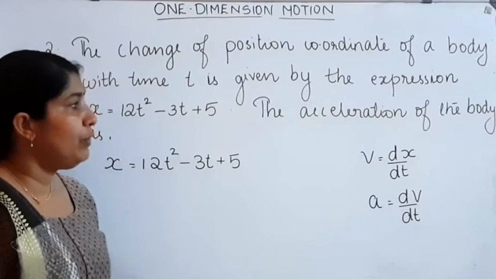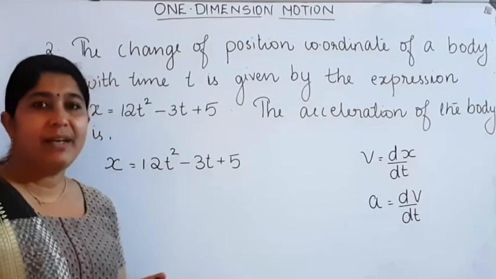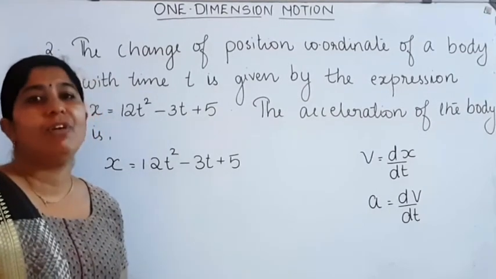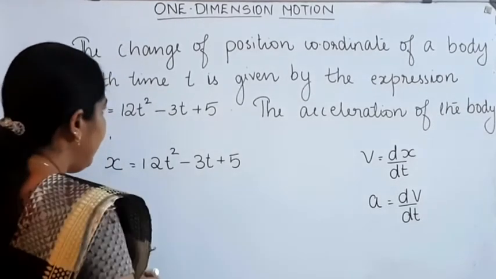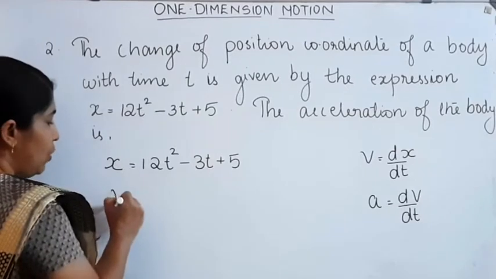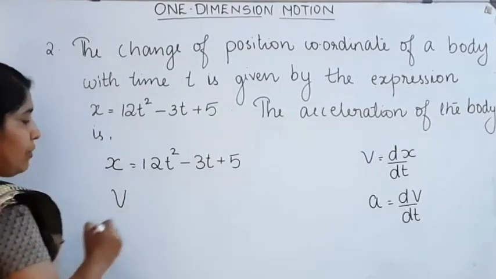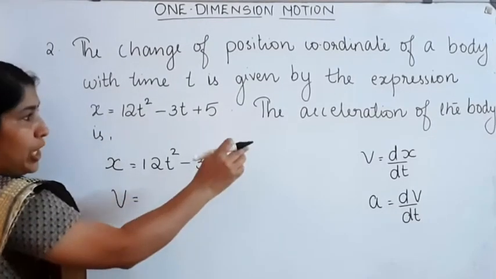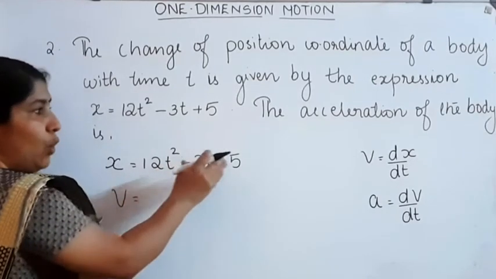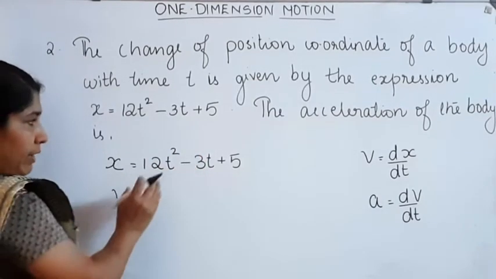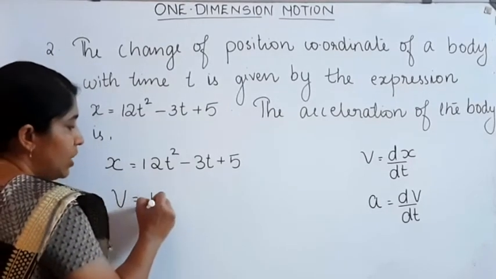Therefore, first of all, we find the velocity, then from the velocity, we find the acceleration. Velocity v is equal to the rate of change of position. That means we take the derivative of this position.